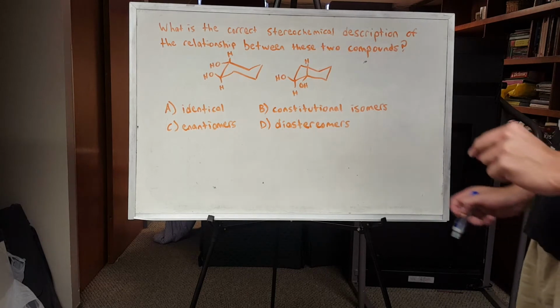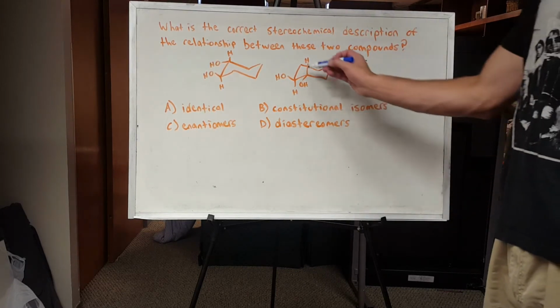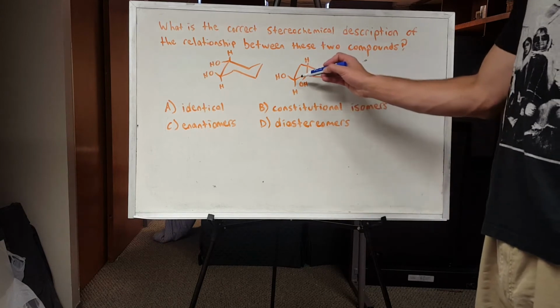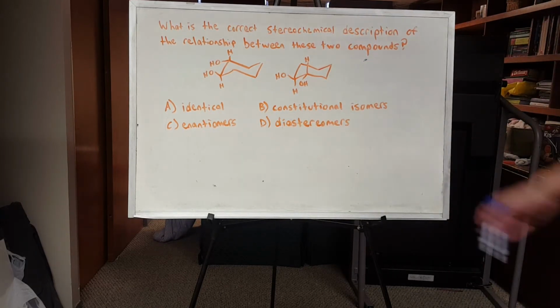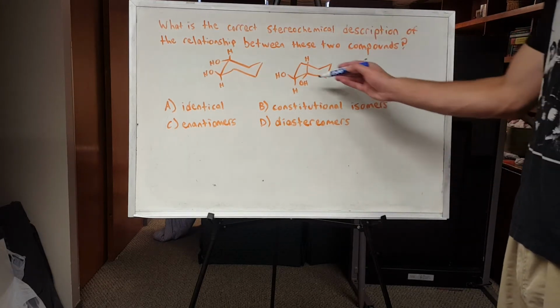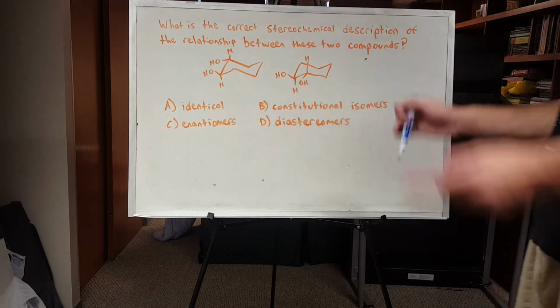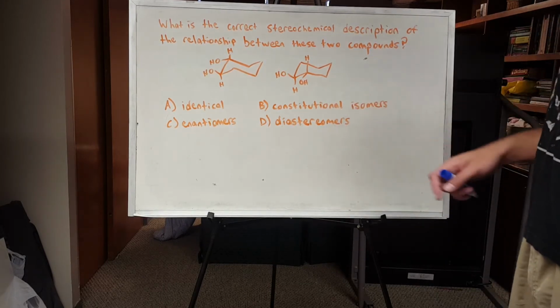We want to make sure they have the same molecular formula, which, right, they do. It's a 6-carbon ring with alcohols right next to each other, so they have the same number of each type of atom, same molecular formula. Both the O's are attached to carbons right next to each other, so they are not constitutional isomers.